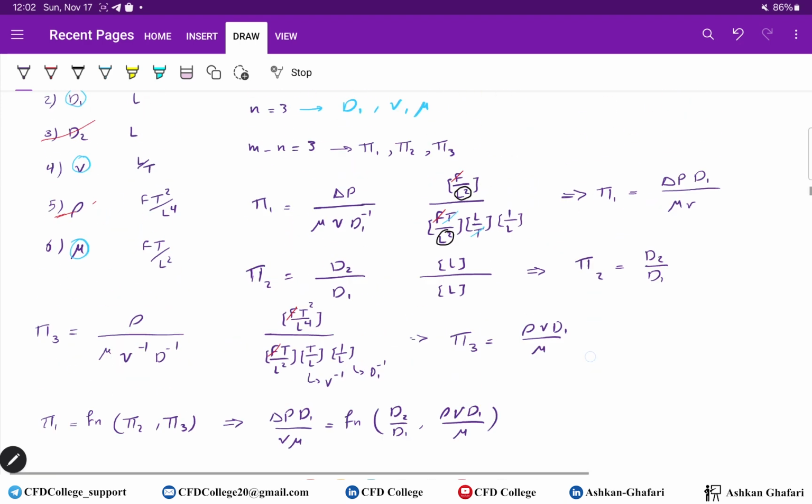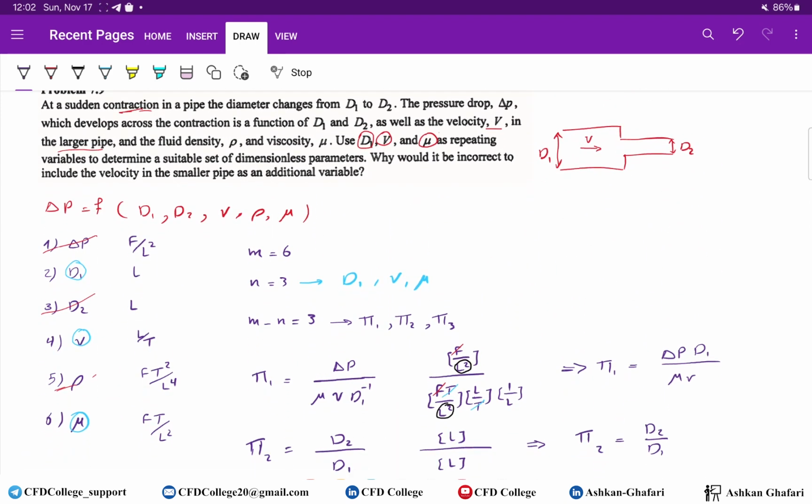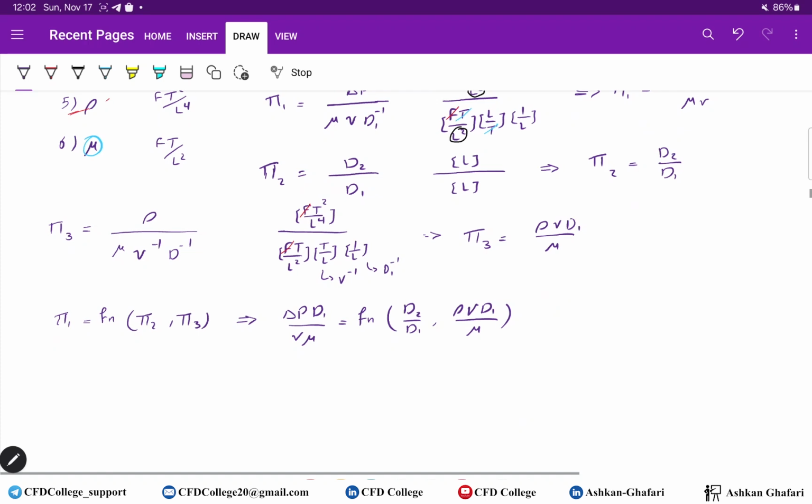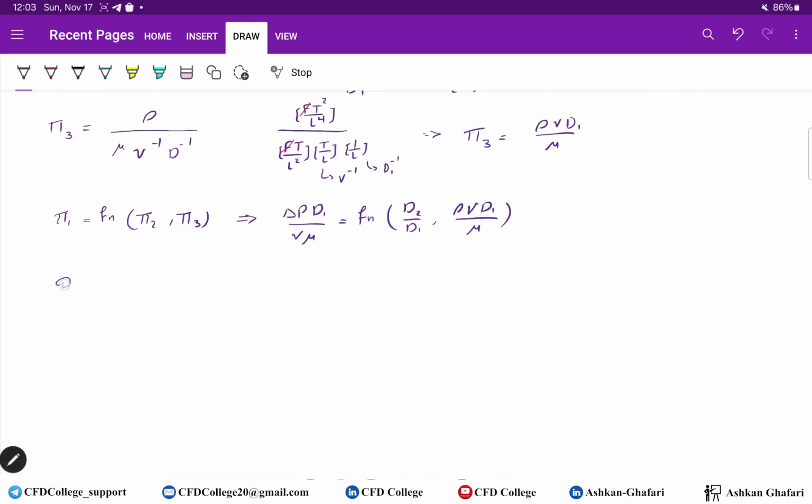That's it. And here we have another question. Why would it be incorrect to include the velocity in the smaller pipe as an additional variable? Well, it's obvious because the flow rate is constant. So Q1 equals Q2, which means V1 A1 equals V2 A2, which means V1 pi d1 square over 4 equals V2 times pi d2 square over 4.